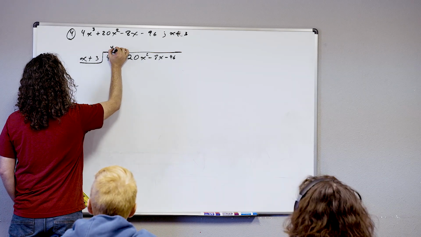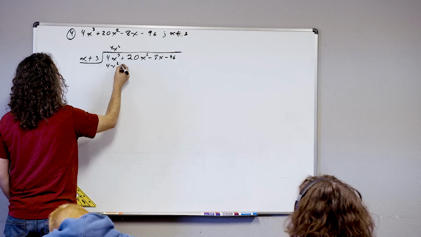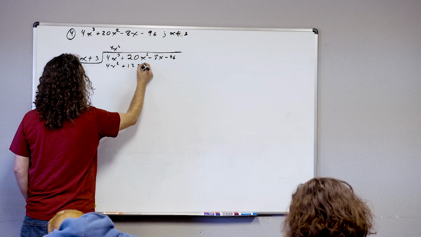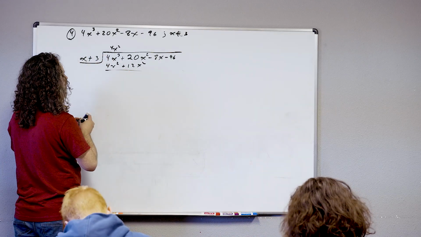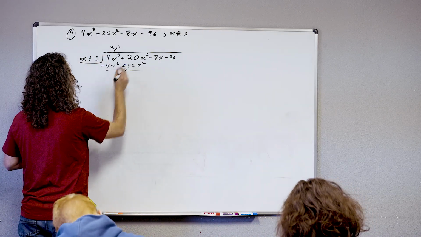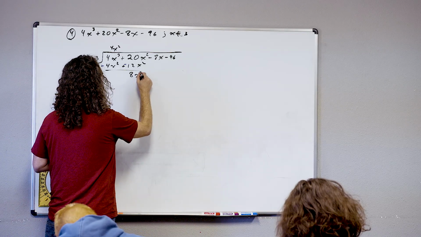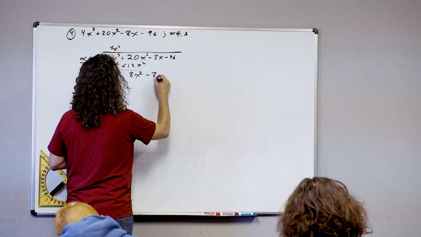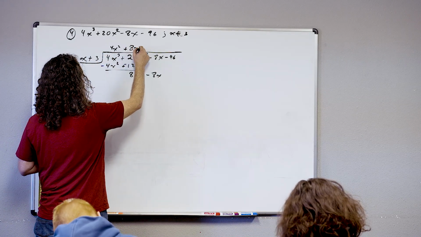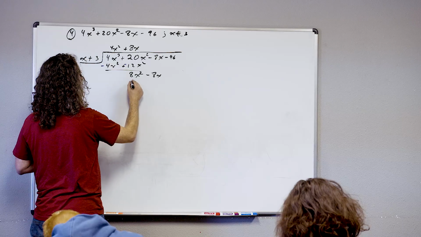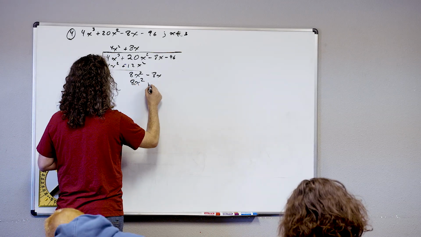So this is 4x squared distributed back: 4x cubed plus 12x squared. We subtract, which turns into 8x squared. Then bring down minus 8x. x into that gives us plus 8x. Distribute back over and we get 8x squared plus 24x.